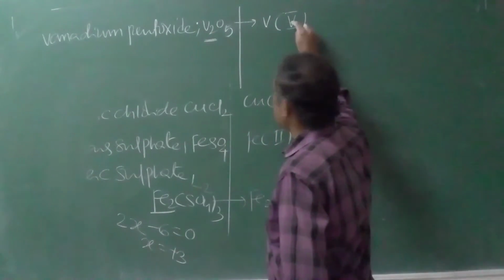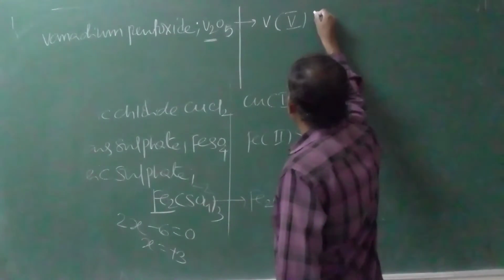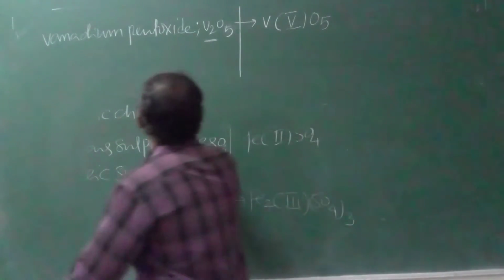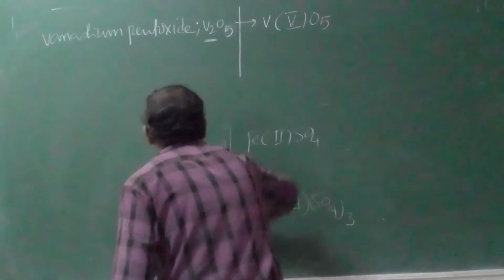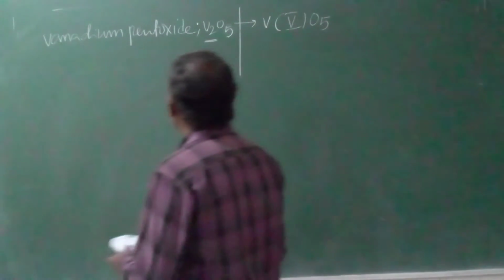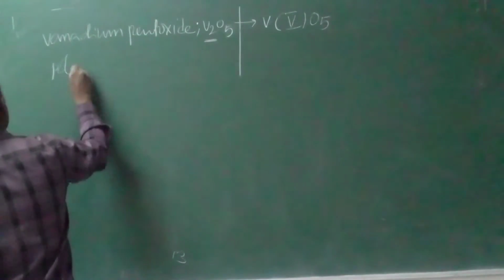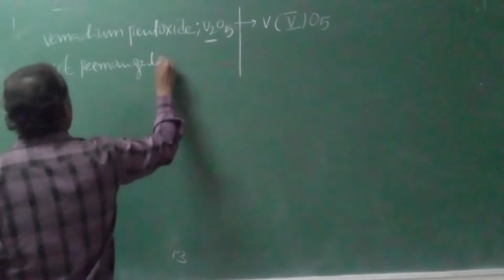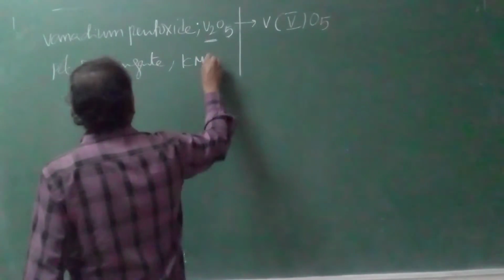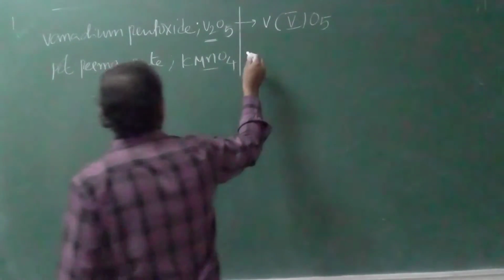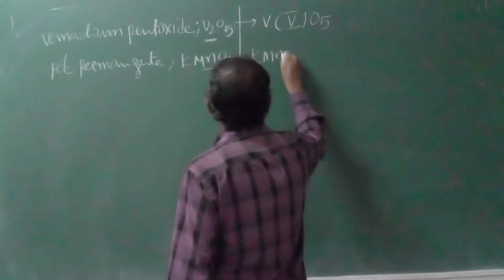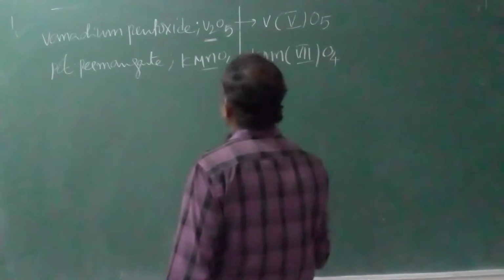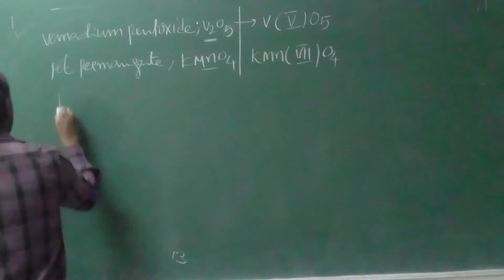But +5 we show as a Roman number: V(V) oxide, vanadium pentoxide. Next, potassium permanganate. Formula KMnO4. After we calculate the potassium oxidation number, the manganese oxidation state is +7. Roman number VII. Potassium permanganate.